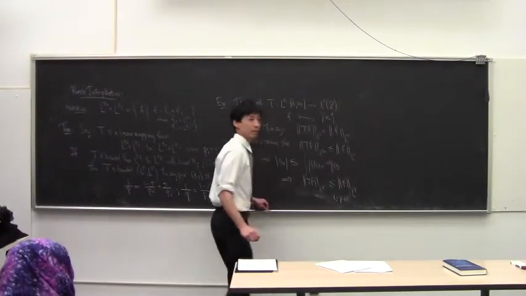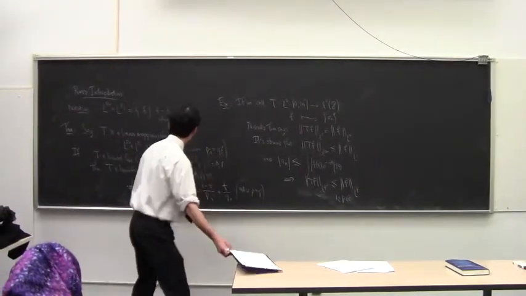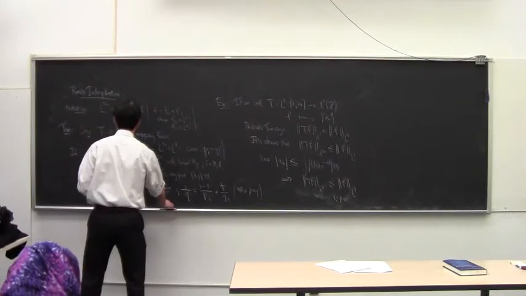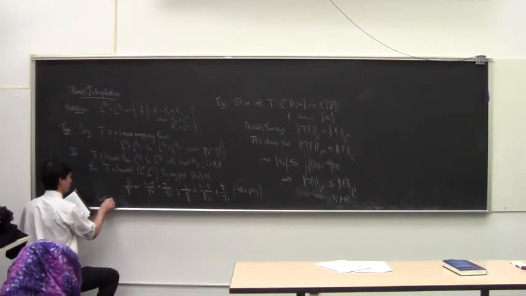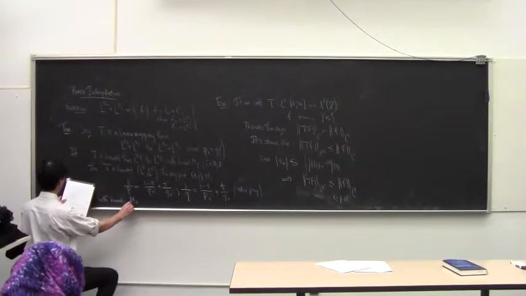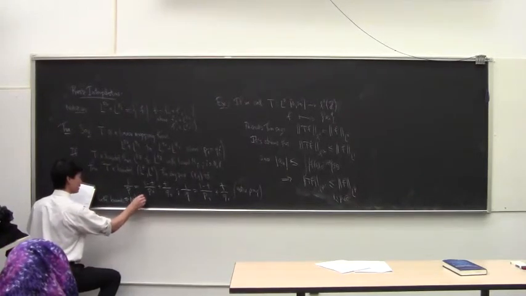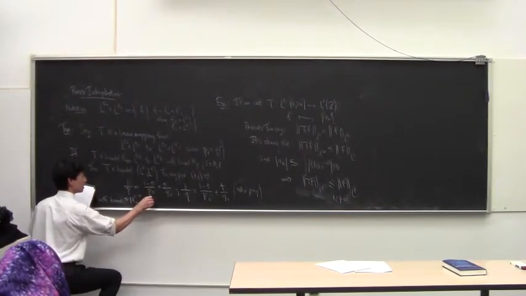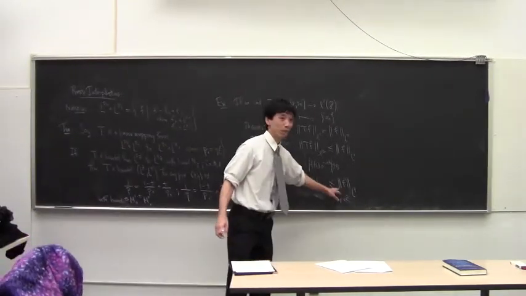And we had the endpoints already. I forgot to say that T is bounded with bound smaller than M naught to the 1 minus t times M1 to the t. So here that number is 1.